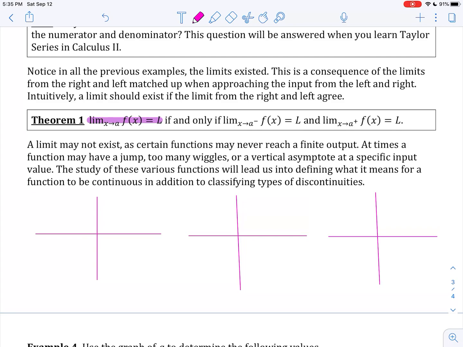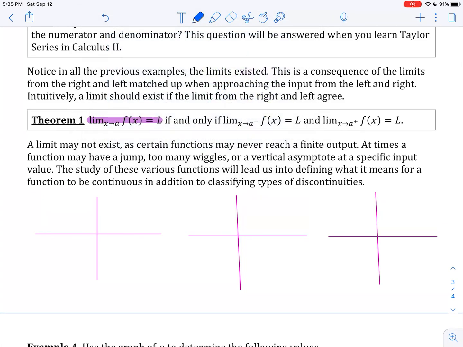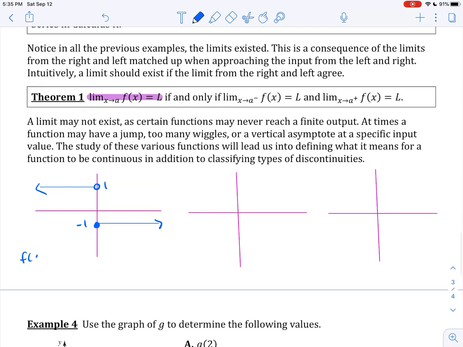If this were my function, and this were 1, and this were minus 1, we can see here that f of 0 does equal minus 1.